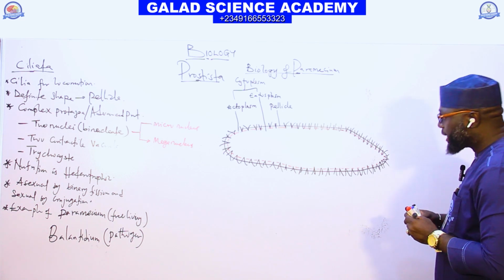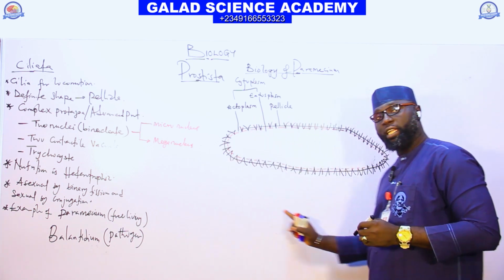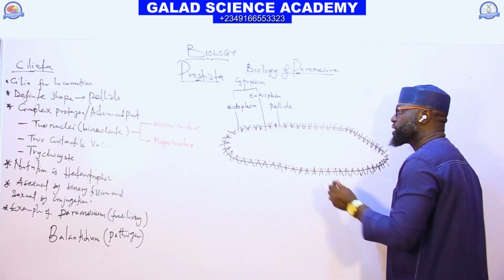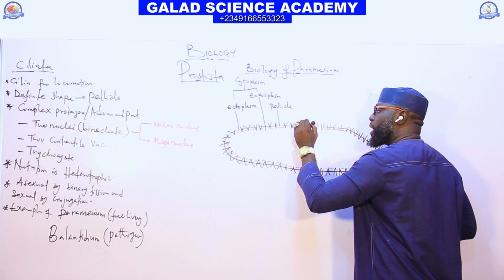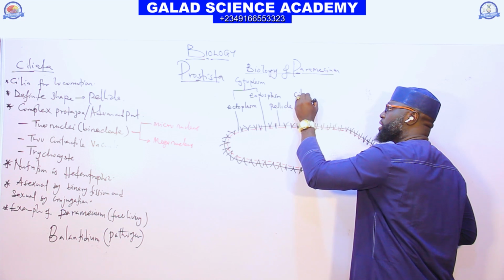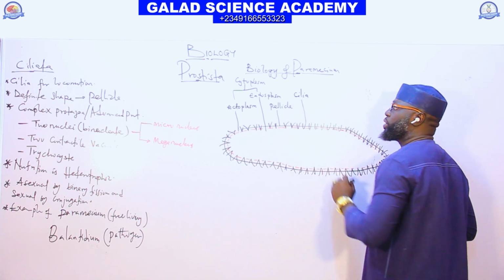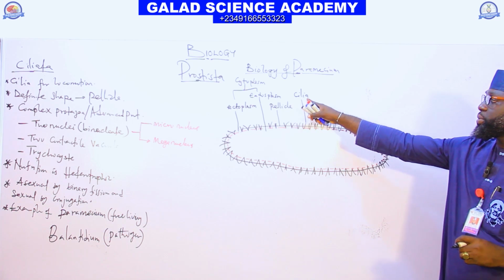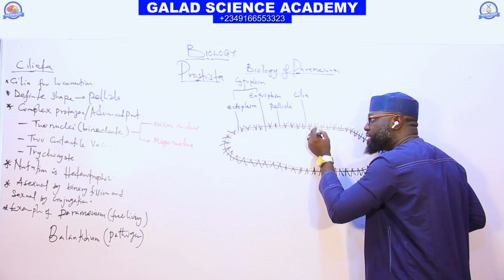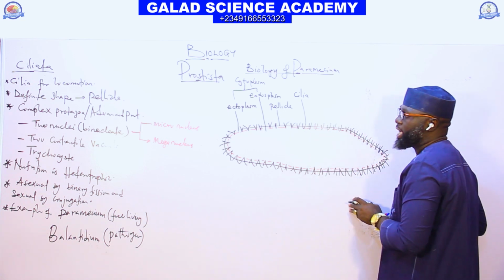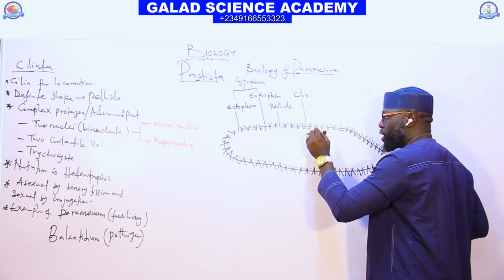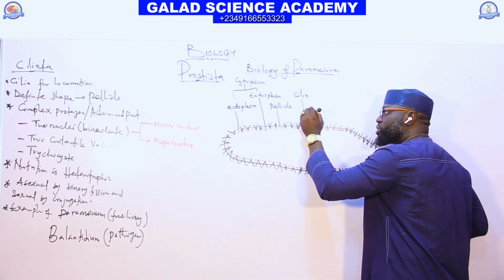This hair-like structure that surrounds the entire membrane of Paramecium, we call it cilia. Cilium is singular, cilia is plural. And in the space between the cilia, we have what we call trichocyst.